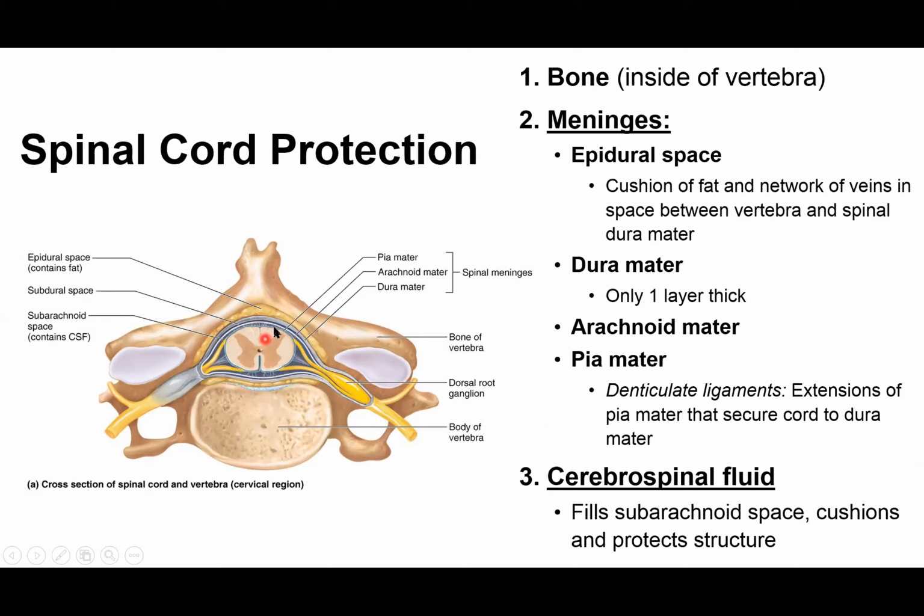All of these are denticulate ligaments that are anchoring the spinal cord to the dura mater so that it stays nice and secure. And then finally, as I mentioned before, the cerebrospinal fluid is going to be in that subarachnoid space and functions to cushion and protect the structures of the spinal cord.